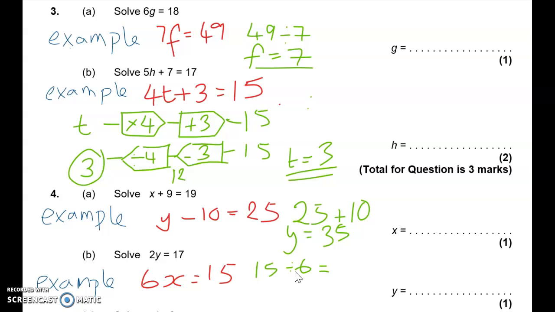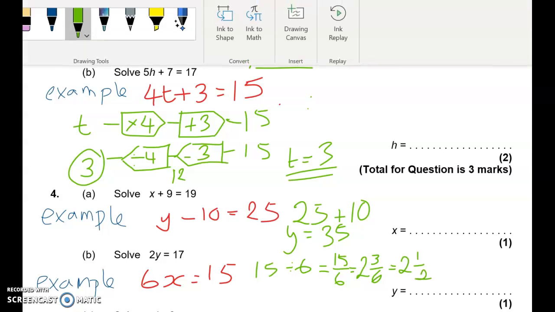There's different ways of writing this. You can write it as a fraction and cancel it down. You can say how many 6's go into 15? Well, that's 2 with 3 left over out of 6, which is cancelling down to 2.5. So sometimes you end up with a fractional answer because it's not in the times table.